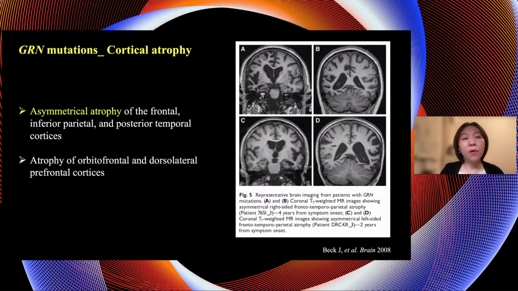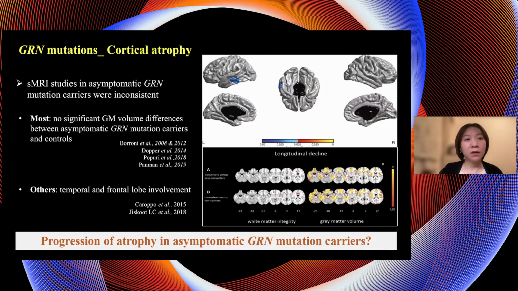For the granulin mutation carriers, we see the cortical atrophy is more asymmetric, with one hemisphere more predominant. But in the asymptomatic granulin mutation carriers, previous studies are inconsistent. Some of them find atrophies in some regions, but others didn't.